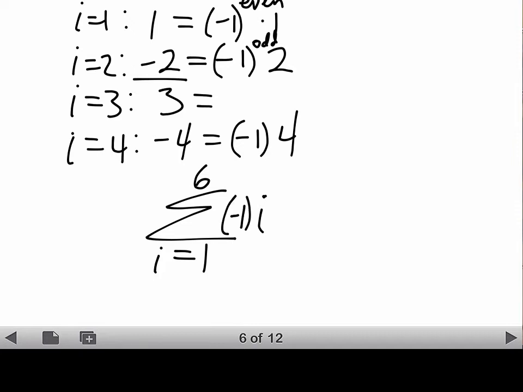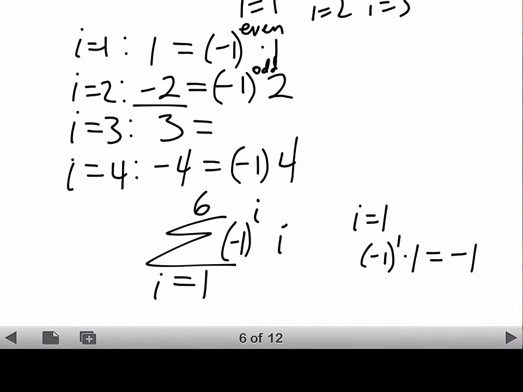We could experiment by putting negative 1 to the i times i. But if this were the case, then when i equals 1, I'd have negative 1 to the first power times 1, which would give me a negative 1.